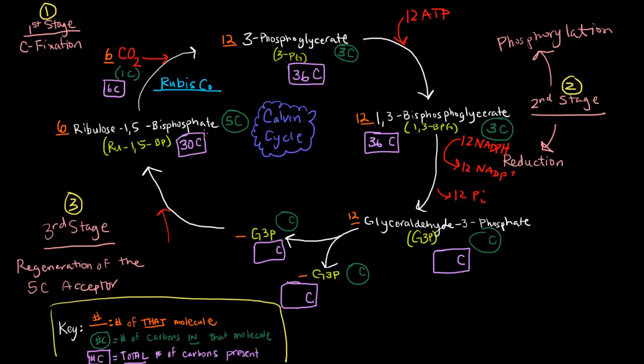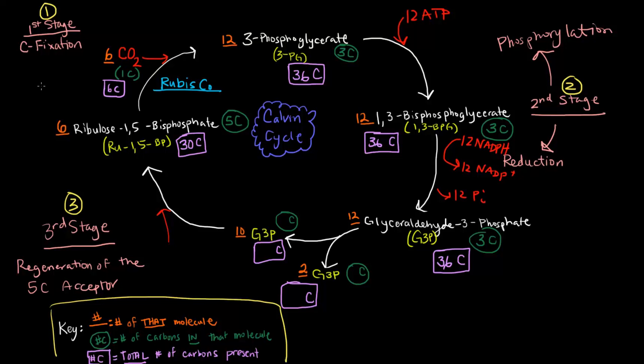So what are we at now? At the second stage of the cycle, we phosphorylated and reduced the sugars, and now we have glyceraldehyde 3-phosphate, which is a 3-carbon molecule. We have 12 of them, so that's 36 total carbons still. So now what happens here? At this point, 2 of these glyceraldehyde 3-phosphates are going to leave, and 10 of them will continue on in the cycle.